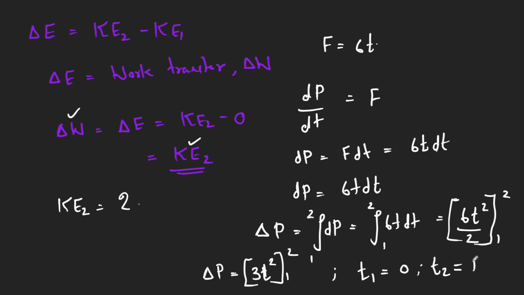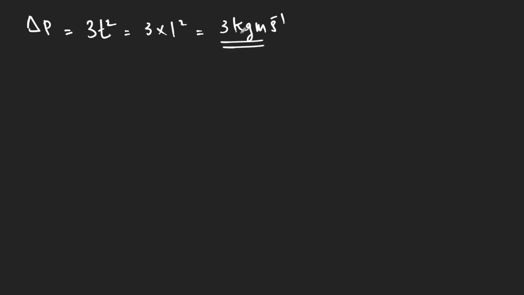Substituting that value, delta P is equal to 3 into 1 square, that is 3 kilogram meter per second. This is the change in momentum as it moved from 1 to 2.